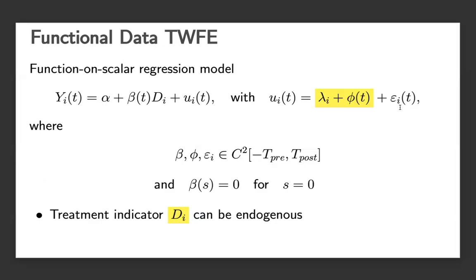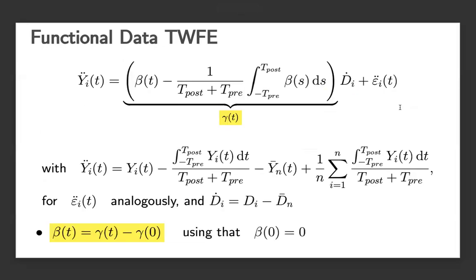If we directly apply, for example, a least squares estimator on this model, then we may suffer from the endogeneity problem. To tackle this, we apply the two-way transformation on the previous model, and then we get a new function-on-scalar regression model. We denote the big term within the large bracket as gamma t. We find that beta t, the DID parameter that we are concerned about, is equal to gamma t minus gamma 0.